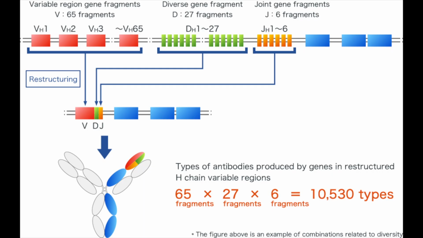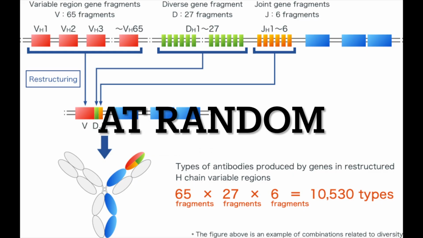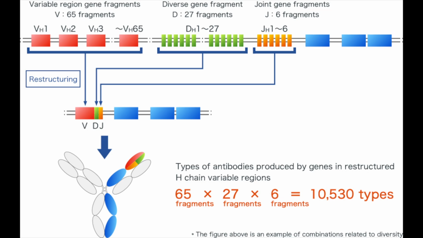I'm just showing visually here, there are many different types of these V, D, and J regions, which are combined together to make the H chain. And then this light chain also has some variability, which together creates a lot of variation for the antibody.